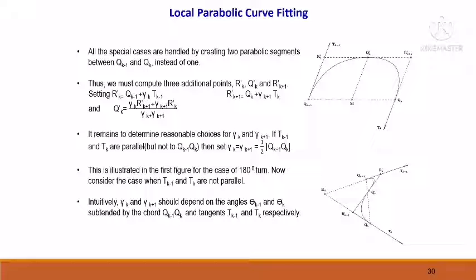Now consider the case when tk minus 1 and tk are not parallel, which we can see in the second figure. Here gamma of k and gamma of k plus 1 should depend on the angles theta of k minus 1 and theta of k subtended by the chord qk minus 1 qk and the tangents tk minus 1 and tk respectively.